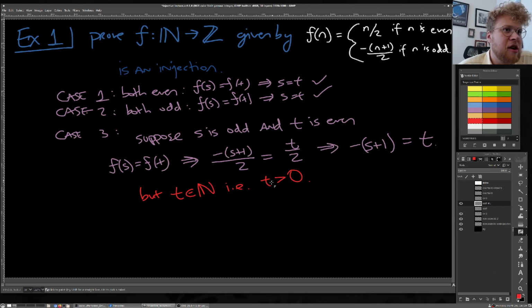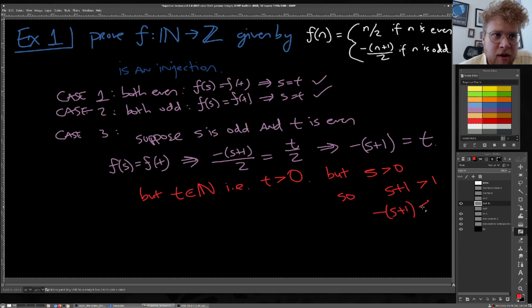So t is greater than 0, but s is greater than 0, so s plus 1 is greater than 1, which means negative s plus 1 is going to be less than negative 1.